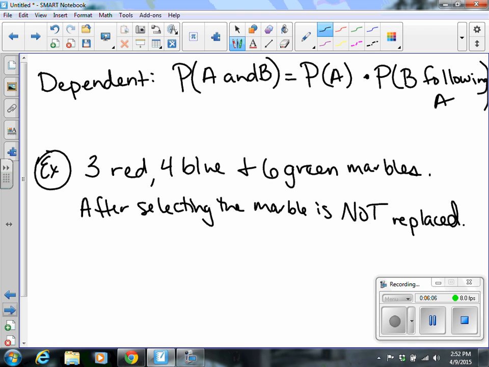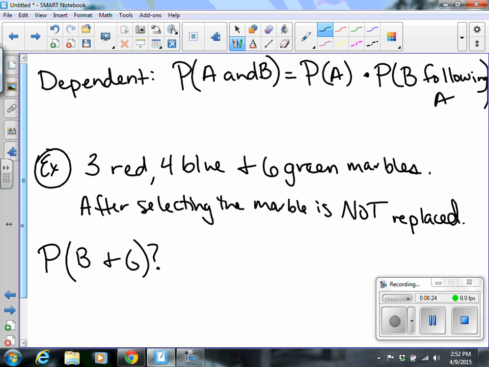And I want to find the probability of a blue and then a green. So this is where it gets a little bit different. I'm selecting the blue marble first. Okay, so my odds of my blue marble being selected, I have 4 out of 13.